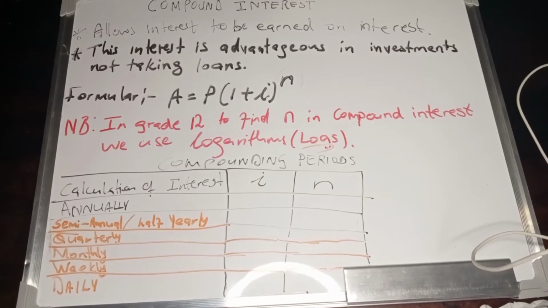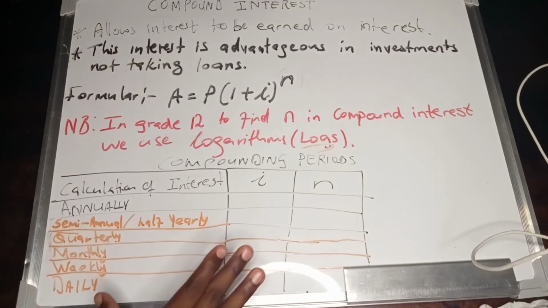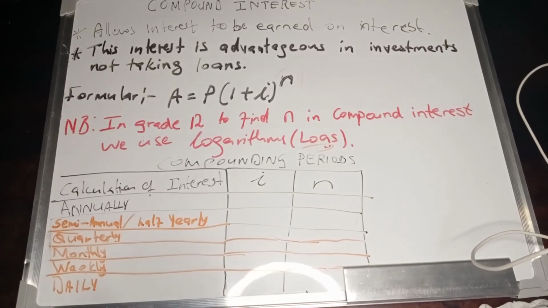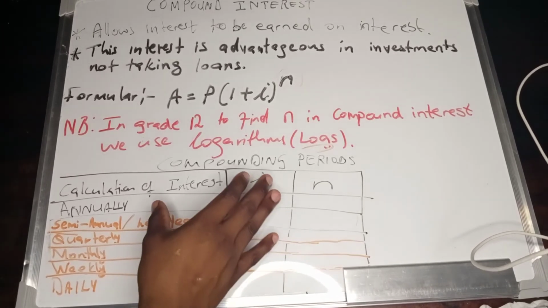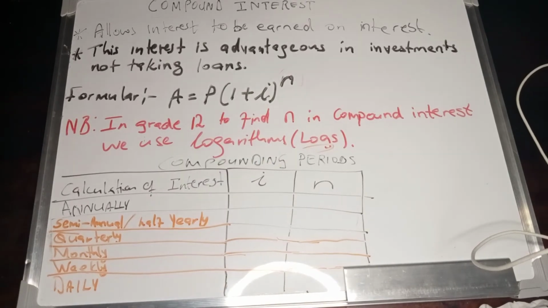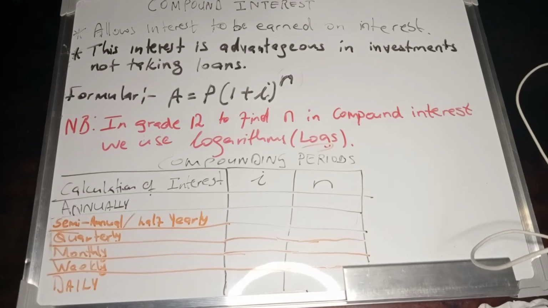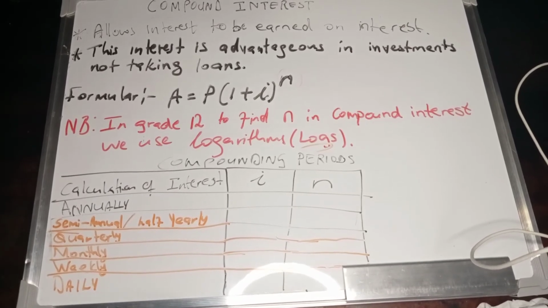Now let's fill in our table for compounding period. If you can follow this table here, trust me, you will never go wrong. When substituting your I value in your formula, you need to be careful of the compounding periods.